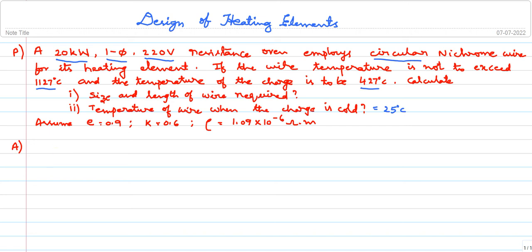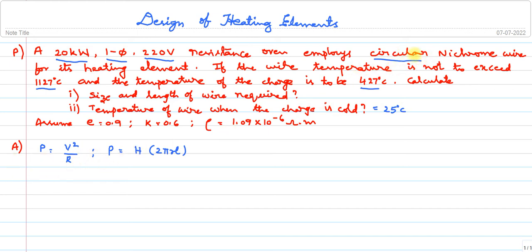First we have two different formulae for power. The first formula is power P is equal to V square by R, and the second formula is power P is equal to heating H into 2 pi r into L. So 2 pi r L is the surface area of the circle.